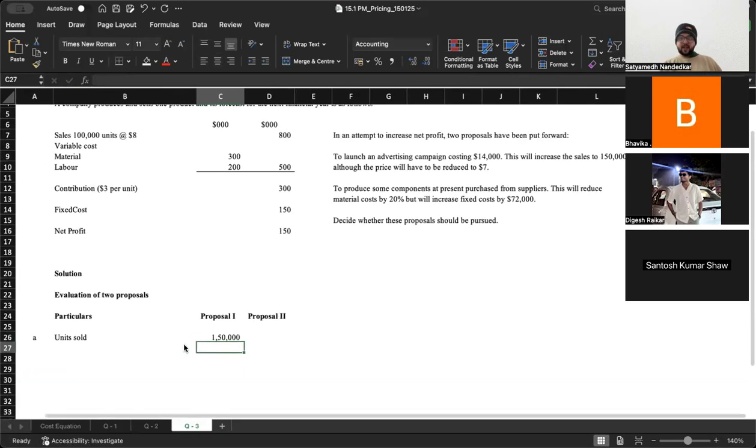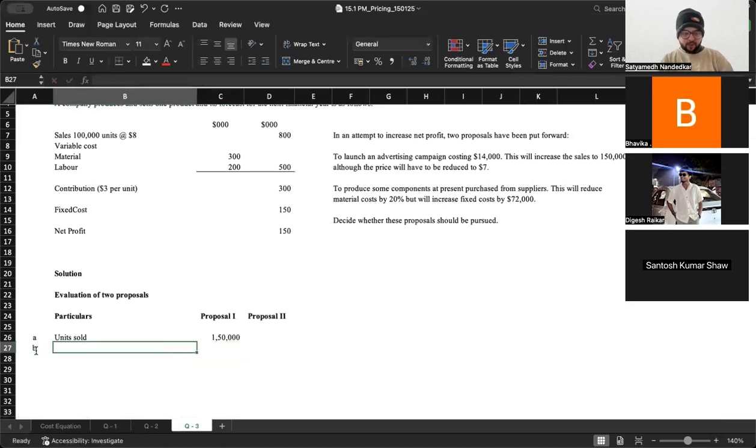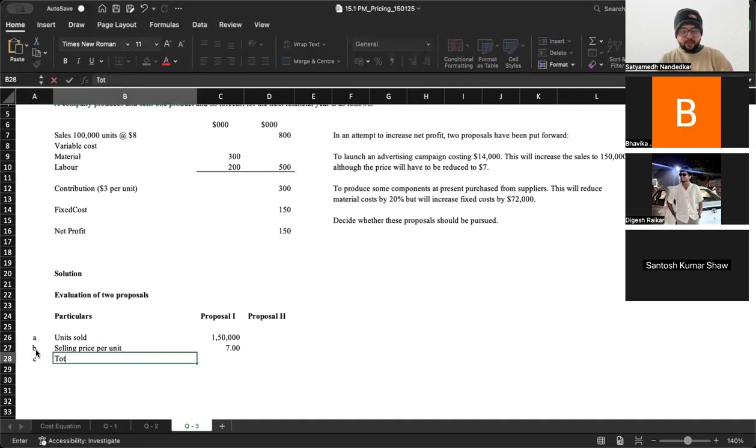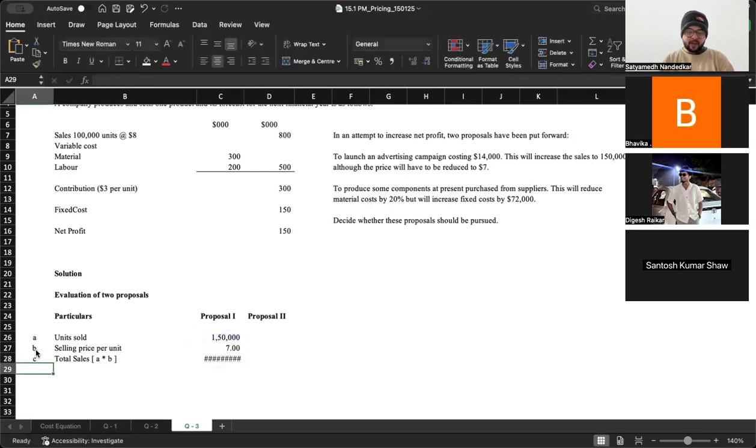But the flip side would be that the selling price per unit would fall down to 7 per unit. ठीक है, then total sales would be A into B, which is 1,50,000 into 7, that is 10,50,000.